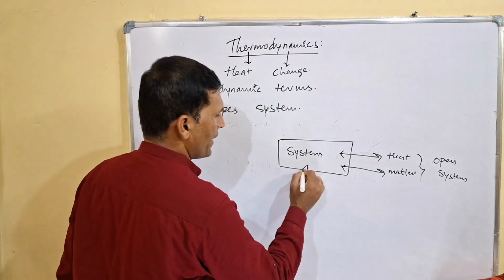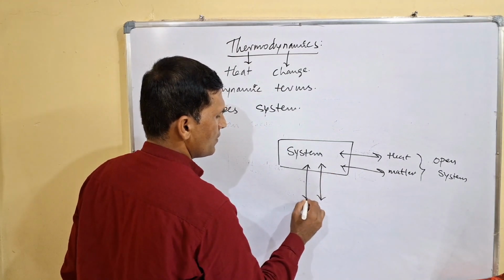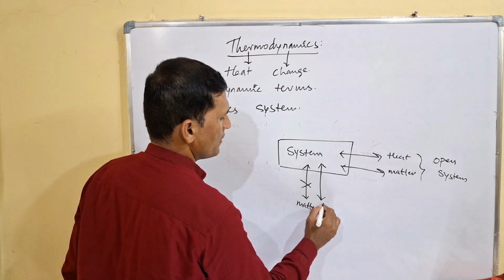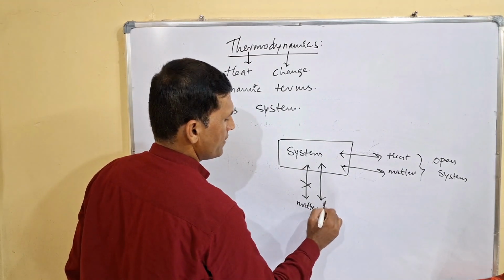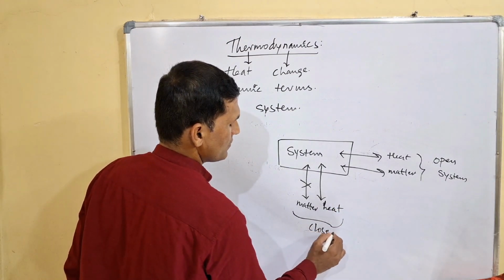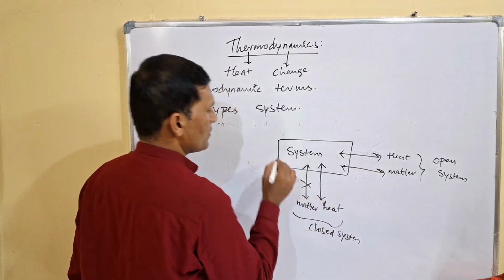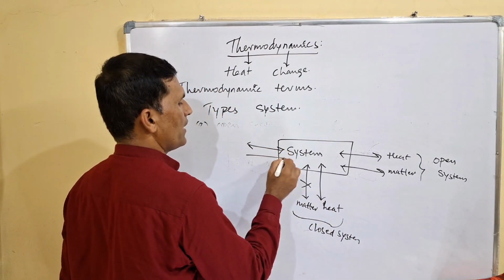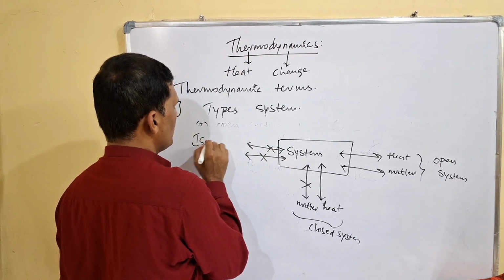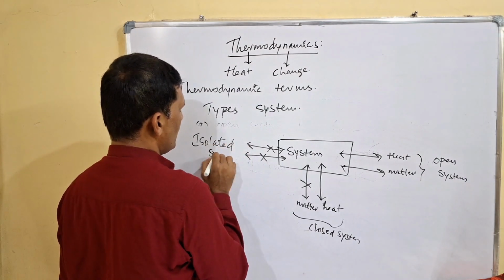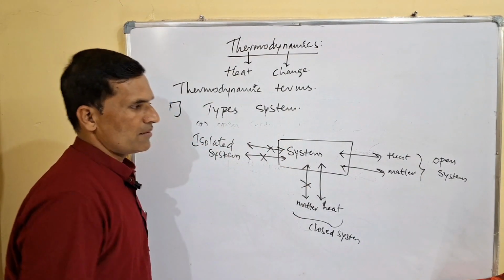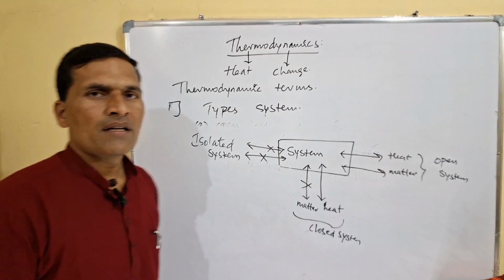If it exchanges only heat, not matter, then it is called a closed system. And when it exchanges neither heat nor matter with the surrounding, then it is called an isolated system. This is how we can summarize the types of systems.